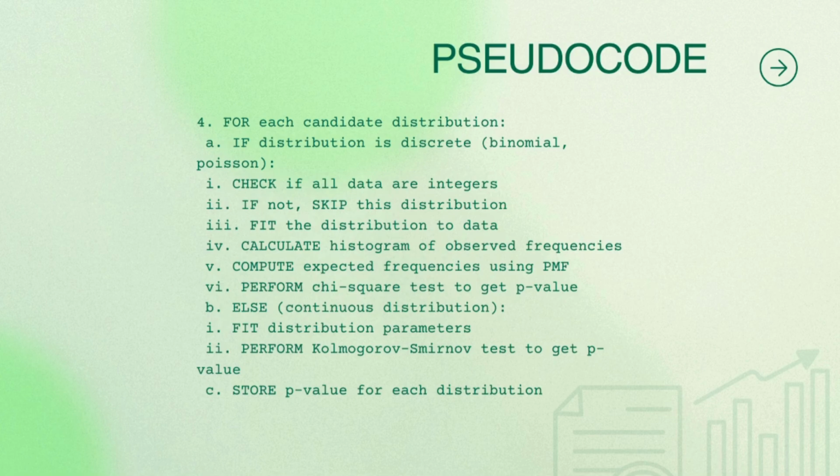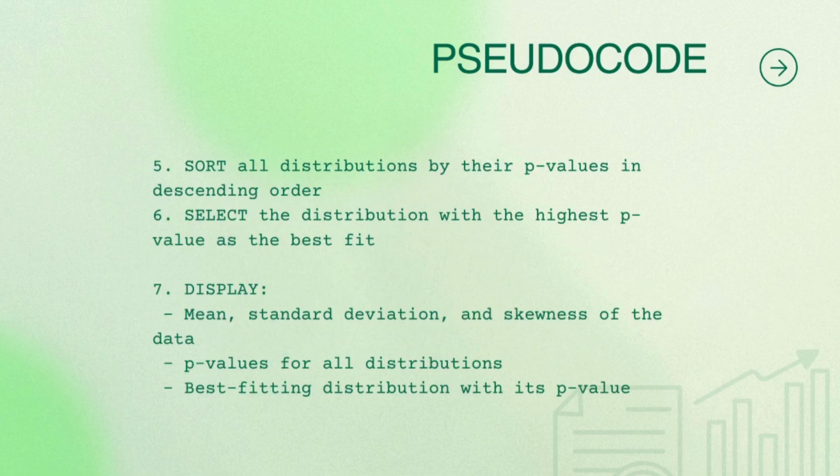Once we get the p-values for all distributions, we sort them in descending order. The distribution with the highest p-value is selected as the best match, since a higher p-value means the data is more likely to follow that distribution. We then print a summary including the basic statistics like mean, standard deviation, and skewness.